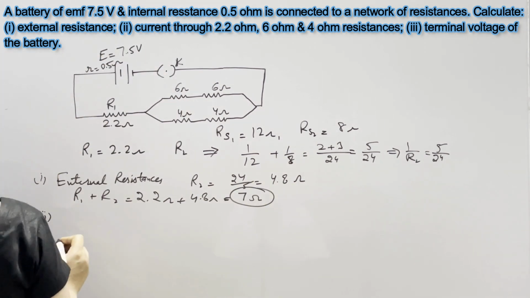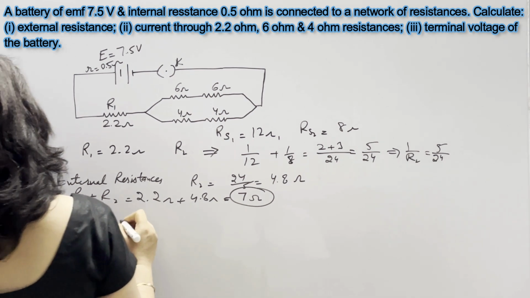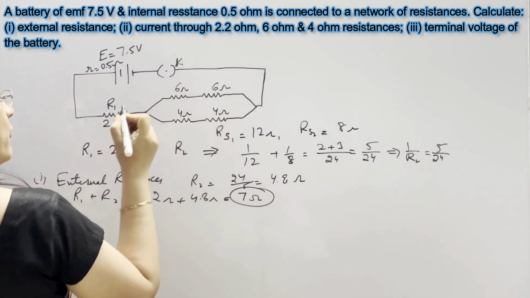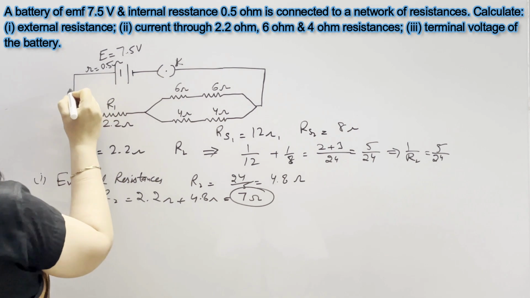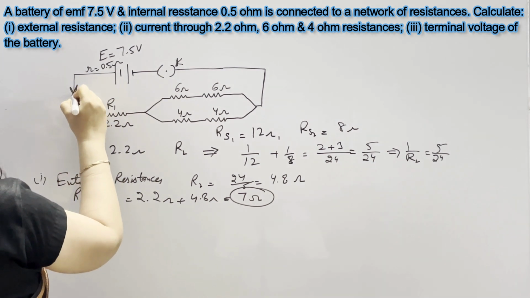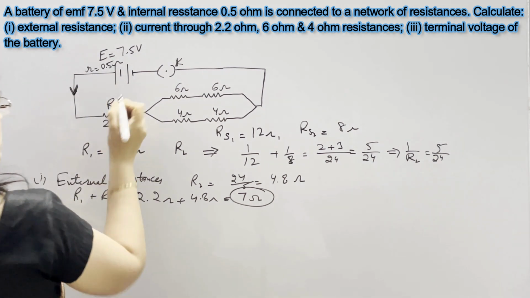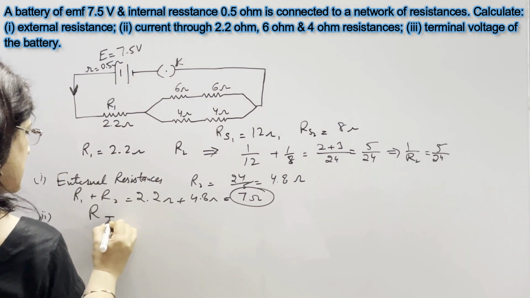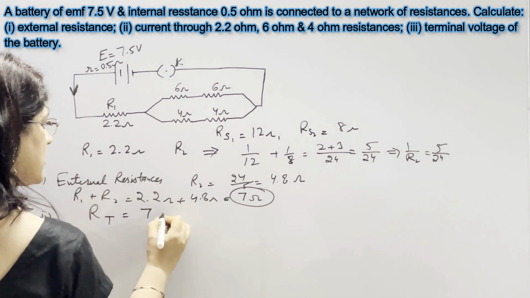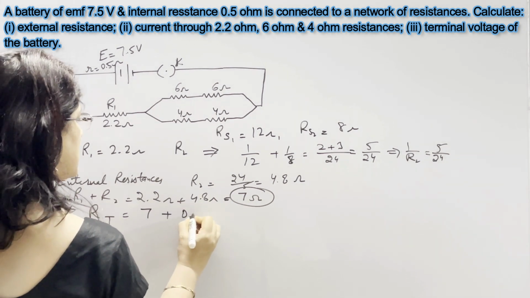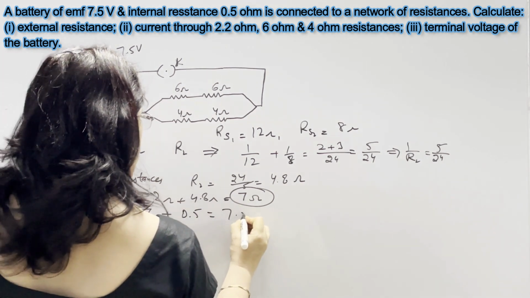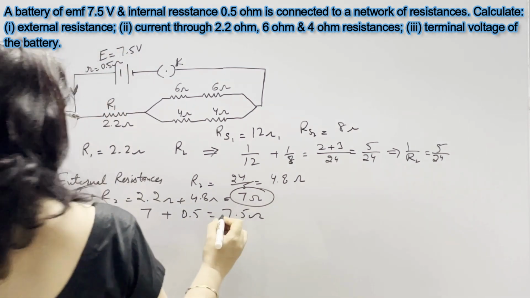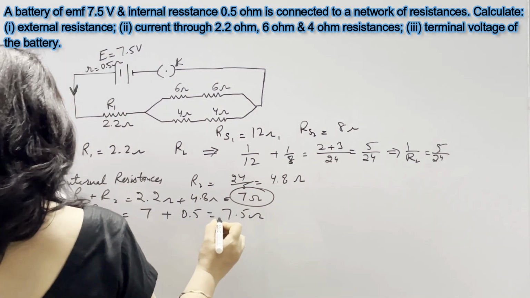Now in the second part we need to calculate the current through all these resistances. For this we need to calculate the current in the total circuit, and for total circuit current calculation we need to calculate this internal resistance also. So total resistance in the circuit is this external resistance plus internal resistance of 0.5 ohm. So it means 7.5 was the total resistance in the circuit.